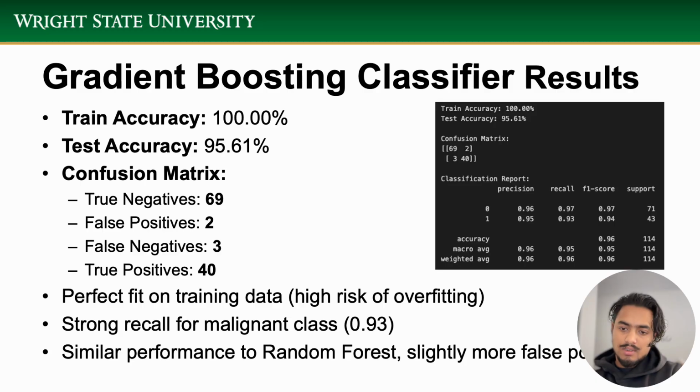This means the model missed three malignant cases and incorrectly flagged benign cases as malignant. Performance wise, gradient boosting is on par with random forest, but the perfect training accuracy shows that the model is more likely to overfit.